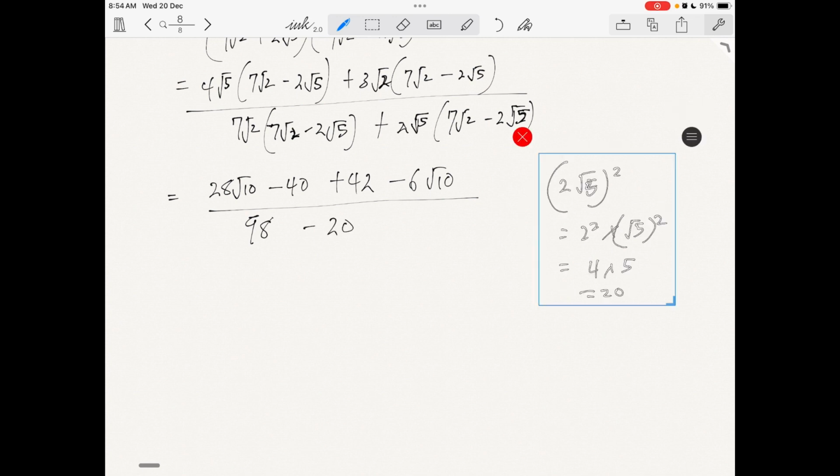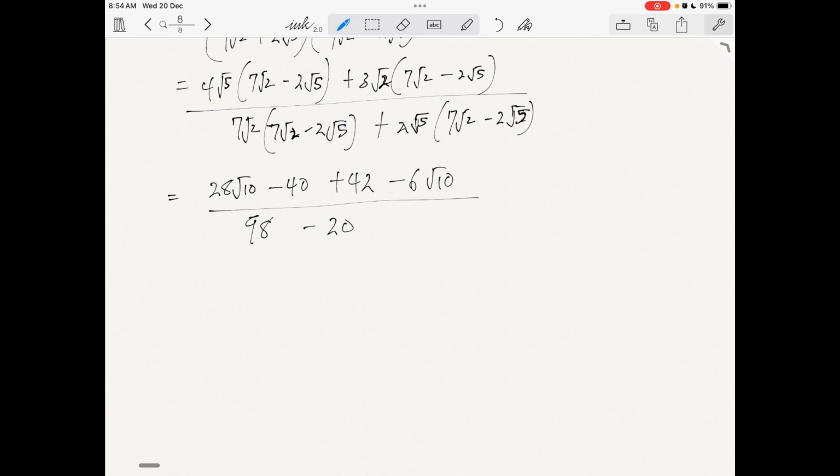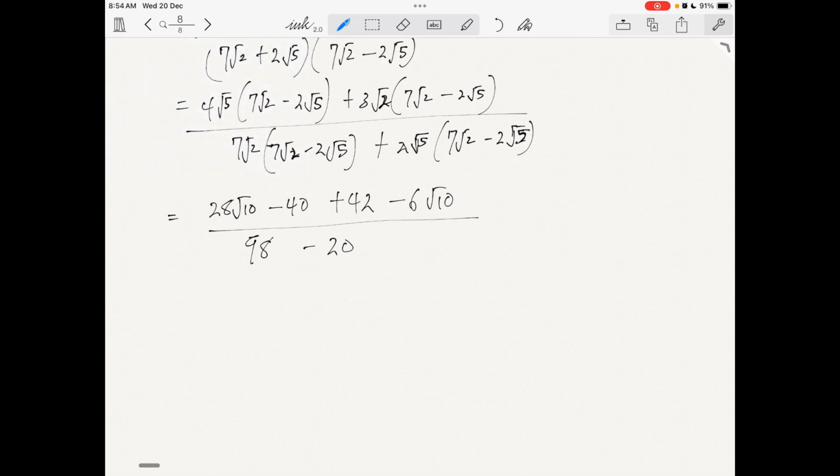If you are not sure of what we've done so far, you can open the brackets individually, and you will arrive at the same answer. So let's collect like terms.